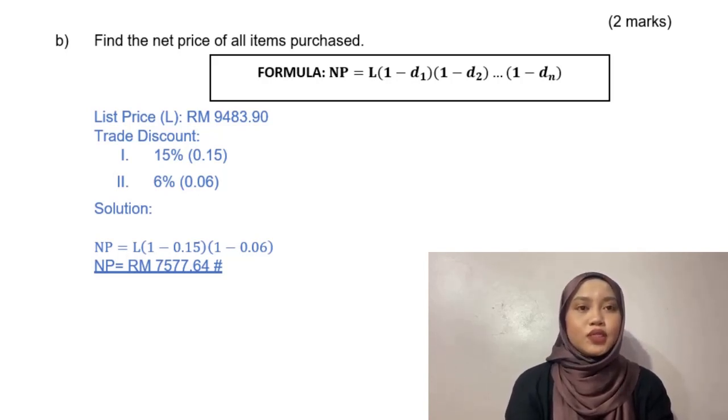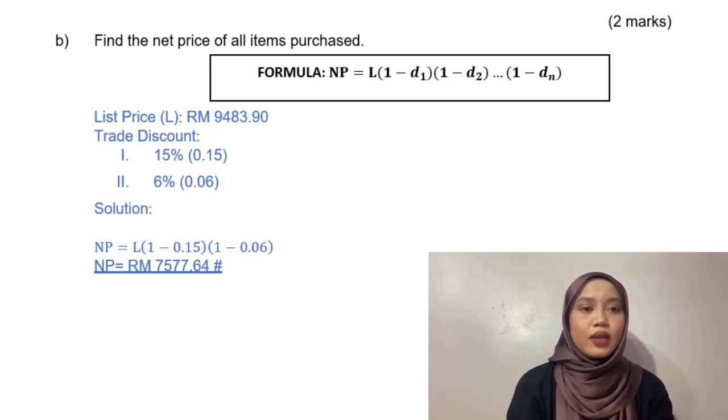Question 2B. Find the net price of all items purchased. So for this question, we use formula NP is equal to L in bracket 1 minus D1 in bracket 1 minus D2 and in bracket 1 minus Dn. NP is equal to net price and L is equal to list price. For this question, we need to list out all of our information, which is list price and trade discount.